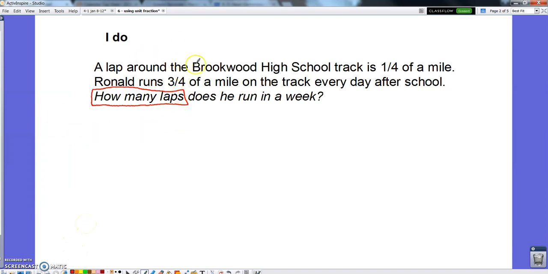So yesterday, here's what we did. We said, okay, if he runs after school 3/4 of a mile every day, that's 5 days times 3/4 of a mile. And that's the same as 3/4 plus 3/4 plus 3/4 plus 3/4 plus 3/4.